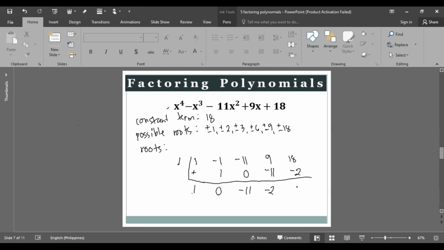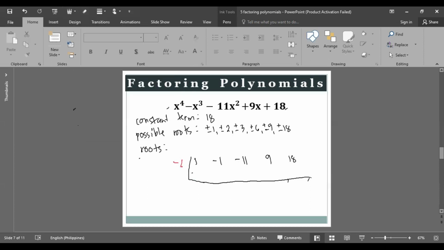Then add, we get 16. So since the remainder here is 16, then we can say that 1 is not a root to this given polynomial expression.